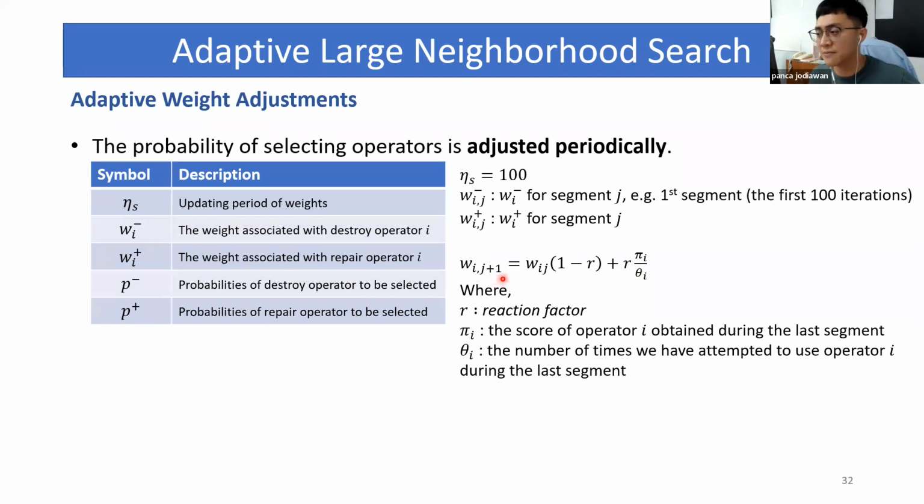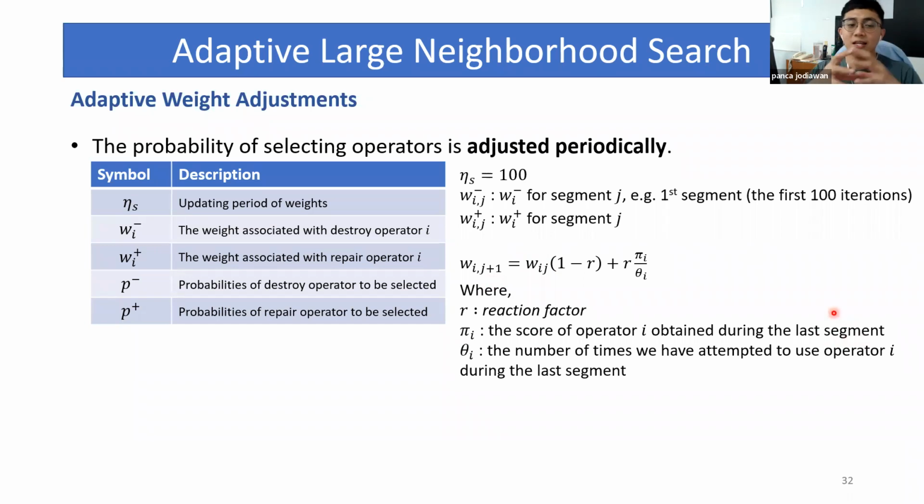It depends on two things: the current weight of the operator, w_ij, plus pi_i divided by theta_i. What is pi_i? Pi_i is the total score of operator i obtained during the last segment.